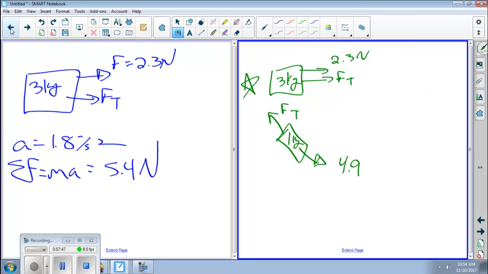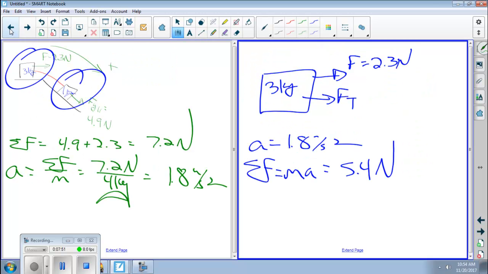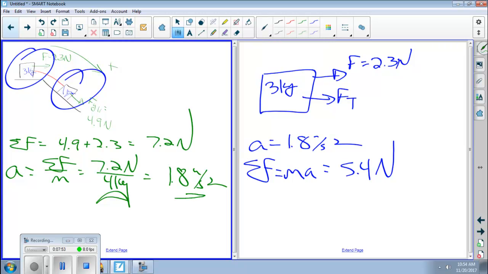Yeah, so the way I did it was, I think what you're saying, I found the acceleration, and then I just did net force equals mass times acceleration and solved for the missing force. Okay, I'm just not getting the right answer. Maybe I just did it in my head wrong. So you're good? Yeah. All right, cool.